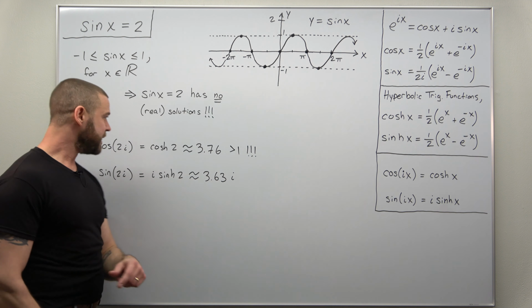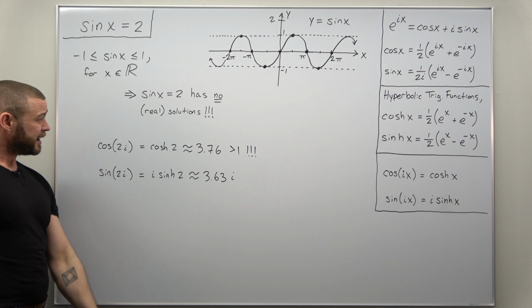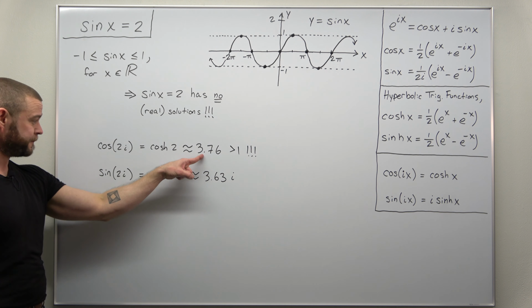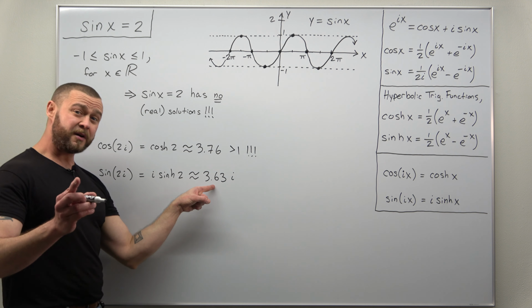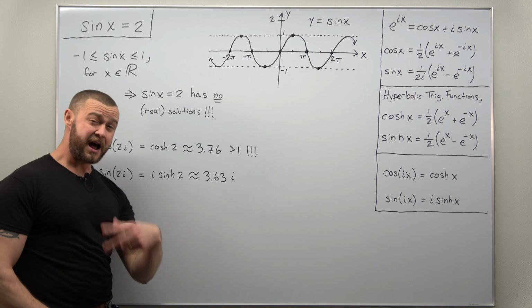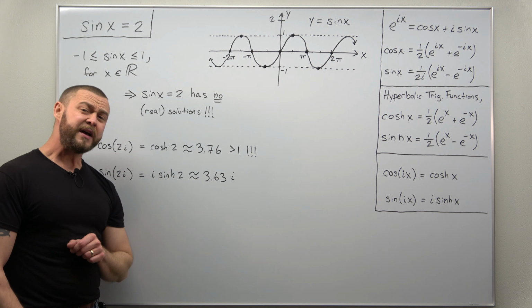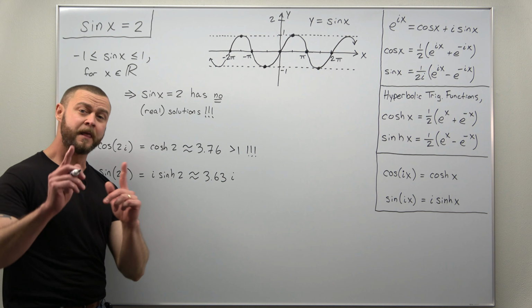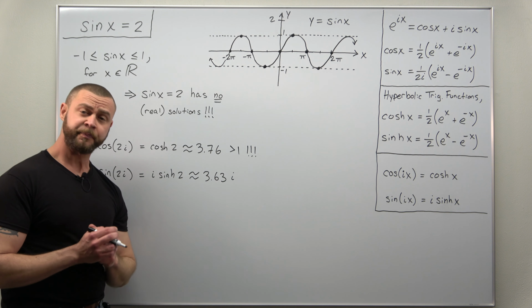So what we might be thinking, trying to combine these ideas, is, well, this part comes out to a real number bigger than 1. Your sine version comes out to a number for the part multiplying i also bigger than 1, but it's imaginary. Maybe we can try not looking for real or imaginary solutions, but let's try looking for complex solutions.